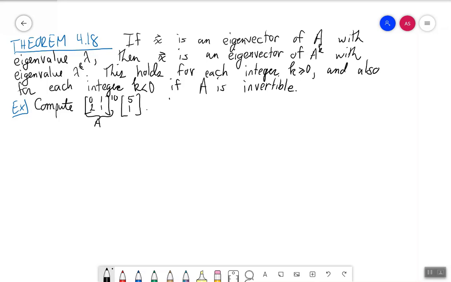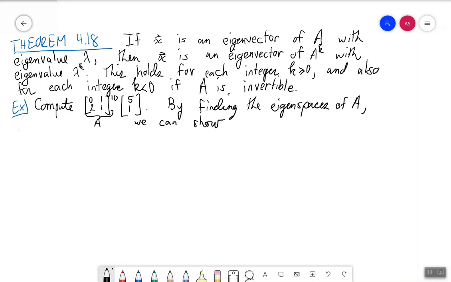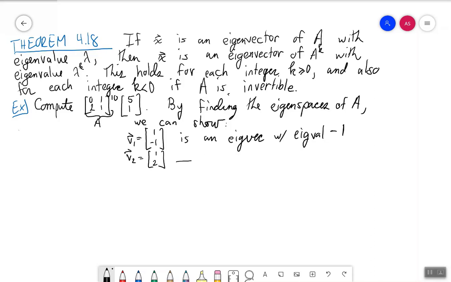However, by finding the eigenspaces of A, we can show by what we did in the previous lesson that v1 equal to (1, -1) is an eigenvector for A with eigenvalue -1, and v2 equal to (1, 2) is an eigenvector with eigenvalue 2.